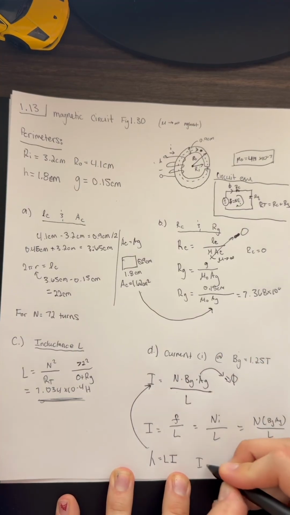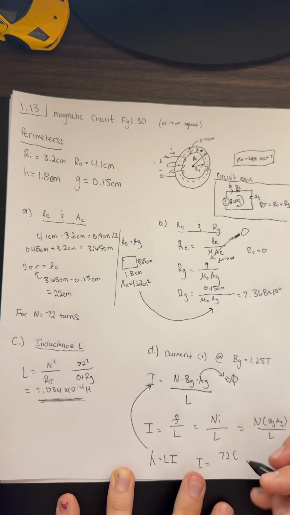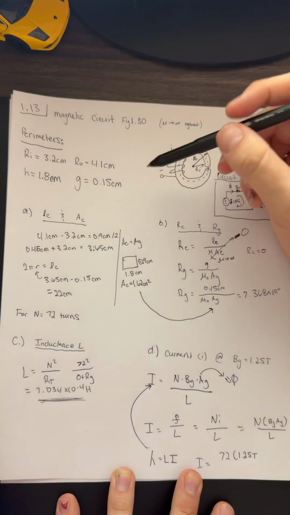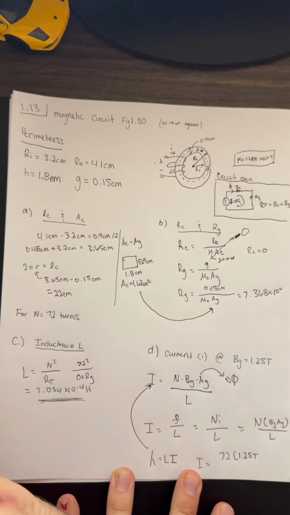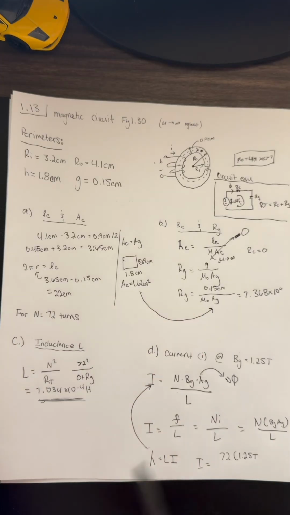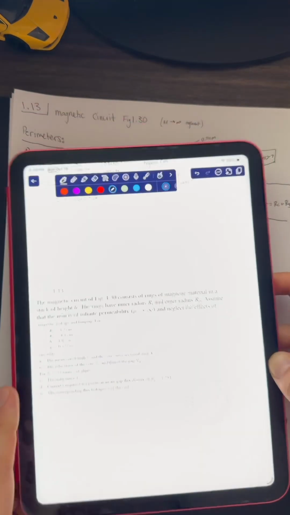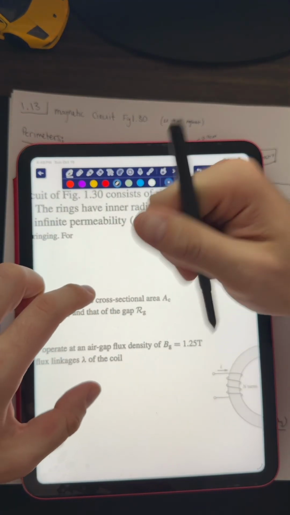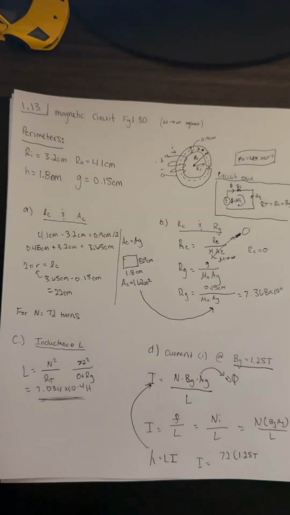So I equals 72 turns times BG, which we're given as 1.25 T. And that is given in the problem. I'm trying to show, maybe I have it right here. Yeah, right here. This is given, I'll show you guys. It says operate at an air gap flux density, BG equals 1.25 T. So that's my solution.